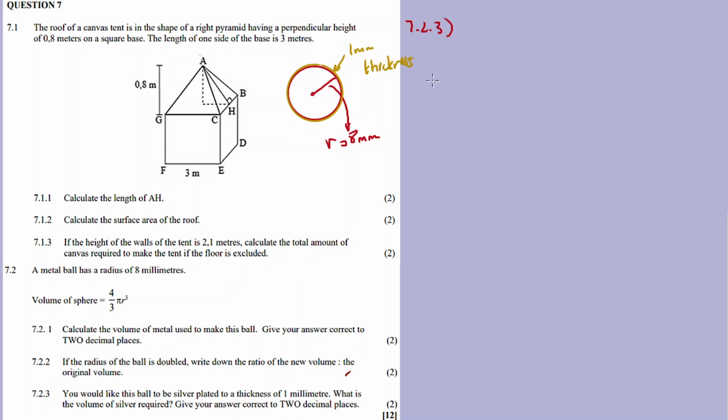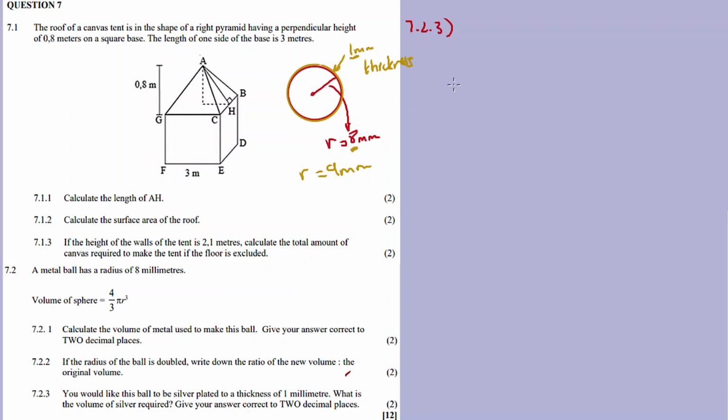This one needs you to think a little creatively with the calculations, because we want the volume of the silver. So 8 plus 1, after plating with silver the radius is 9 millimeters.